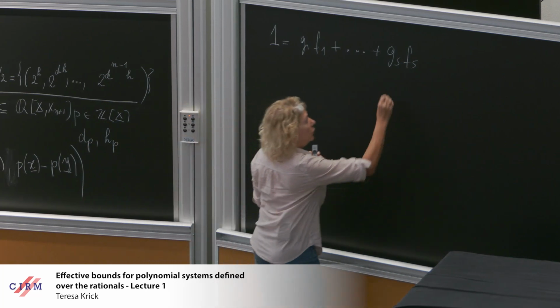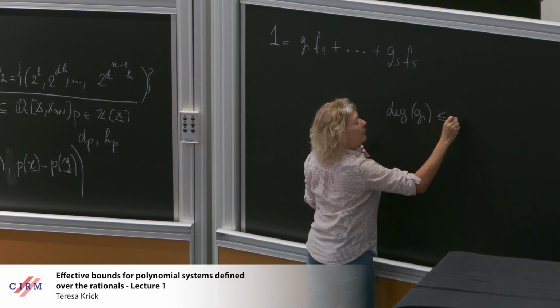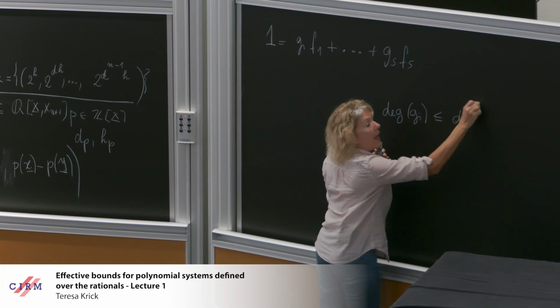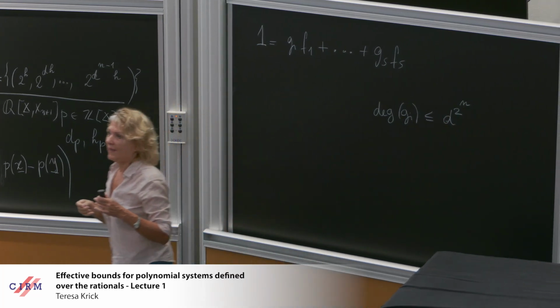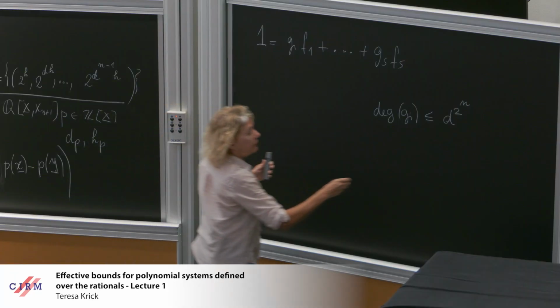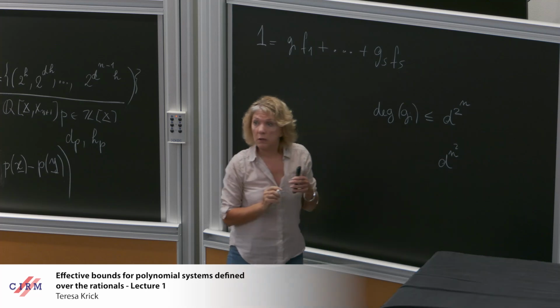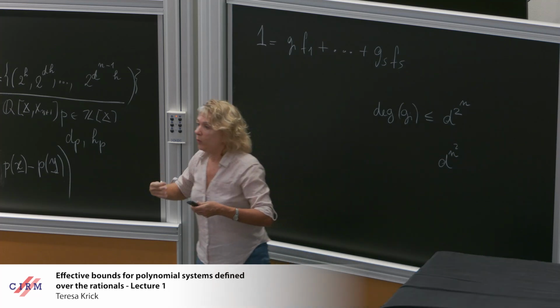So the bound for the degrees of the Gi was of type d to the 2 to the n. Hopeless. And then there was a search and a series of results. The first result was Brownawell, who achieved a bound of this type, if I'm not wrong.